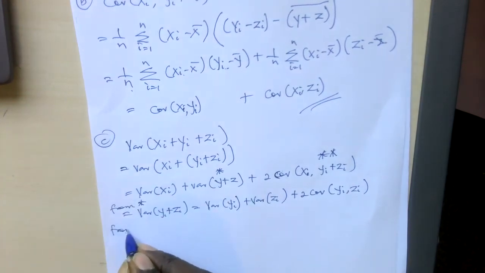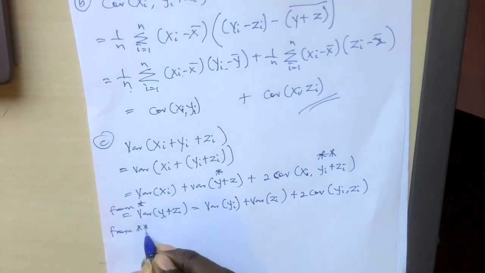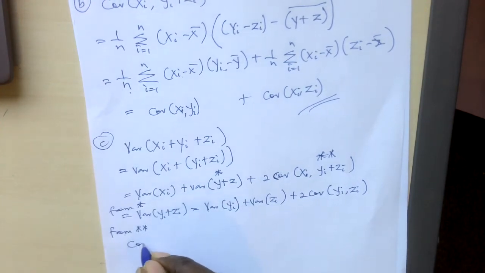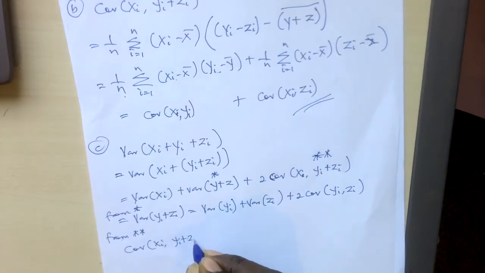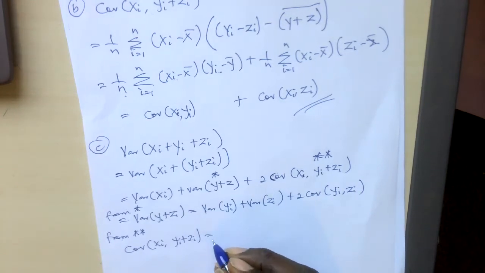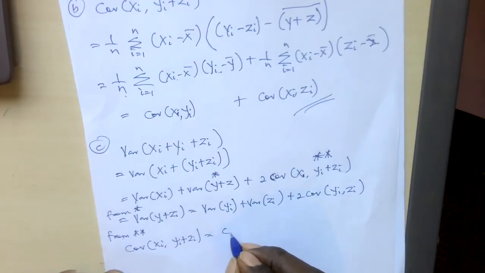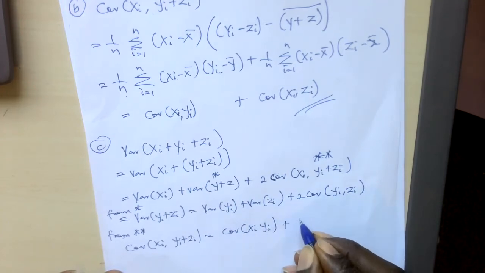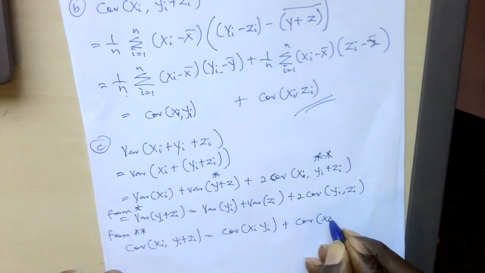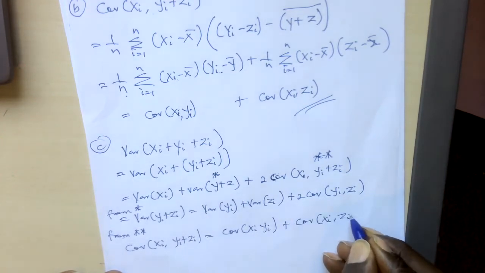So from star star, the covariance of x, yi plus zi equals, if you expand that, the covariance of x, y plus the covariance of x, z.